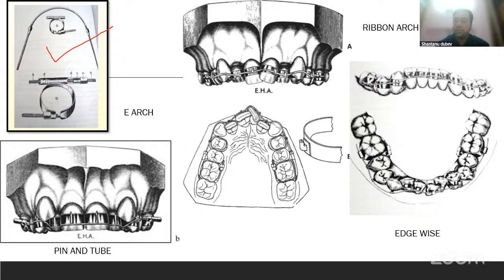This is the edgewise here. Imagine if this bracket was also there, same thing was here. So this would look like a modern day bracket, right? So yeah, this is edgewise. This is the last appliance that he was developing. A slot, a vertical bracket, and there's a horizontal slot.